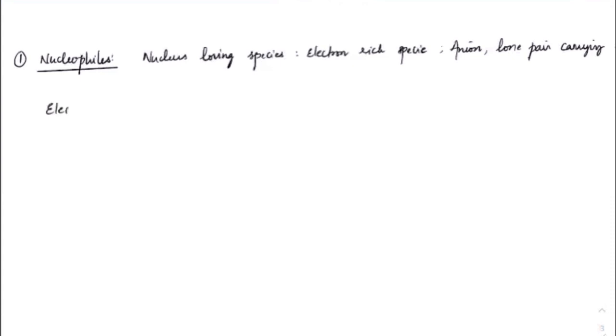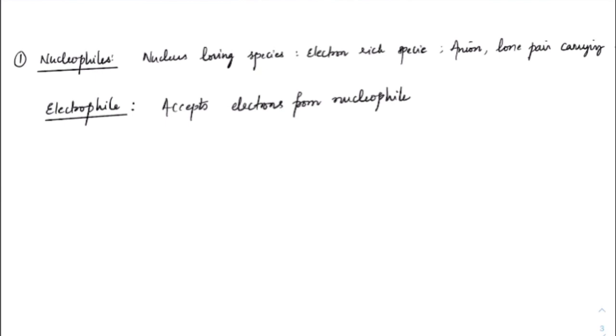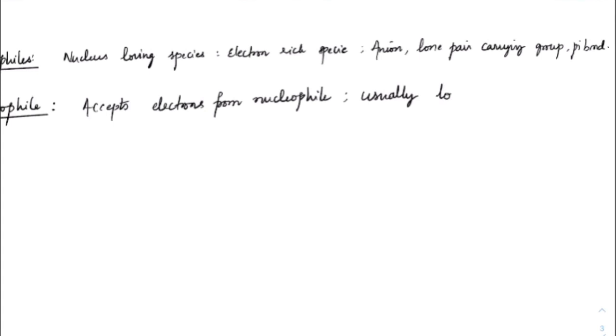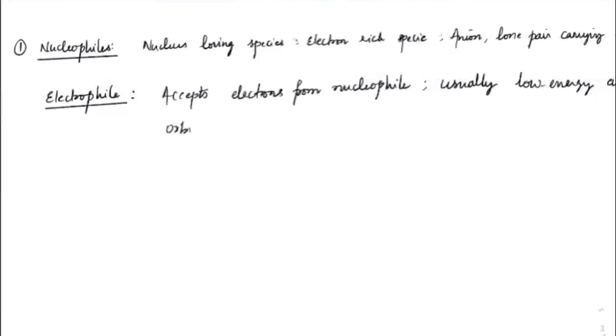Here an electrophile is also an important definition for us. Although we are talking about nucleophilic substitution, we need to recall what an electrophile is as well. An electrophile is something which accepts electrons, an electron loving species, and it accepts electrons from the nucleophile. Now usually whenever we talk about an electrophile, it is always a low energy anti-bonding orbital.